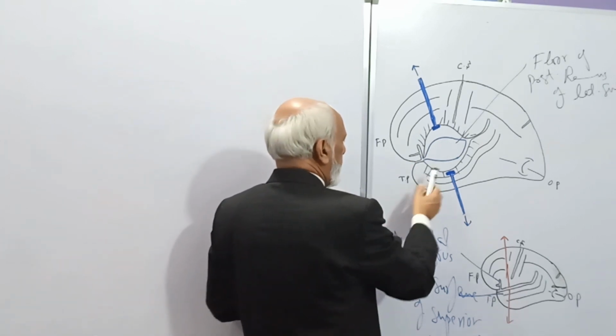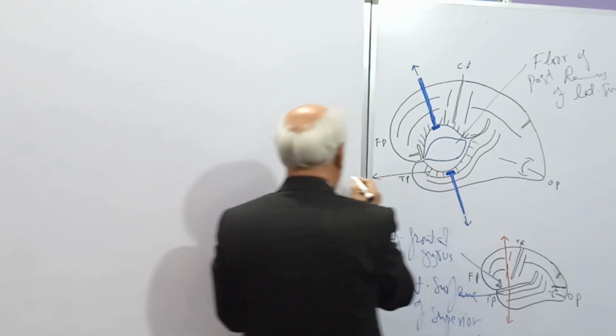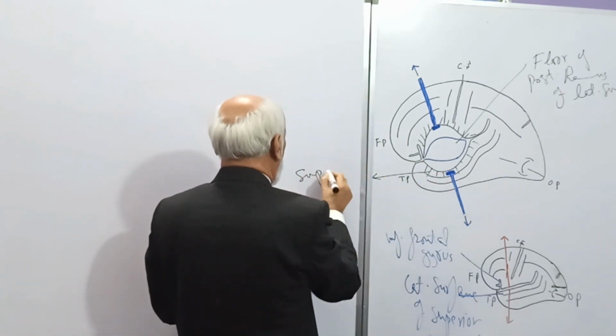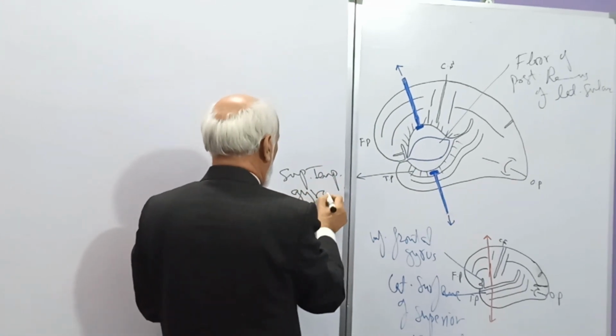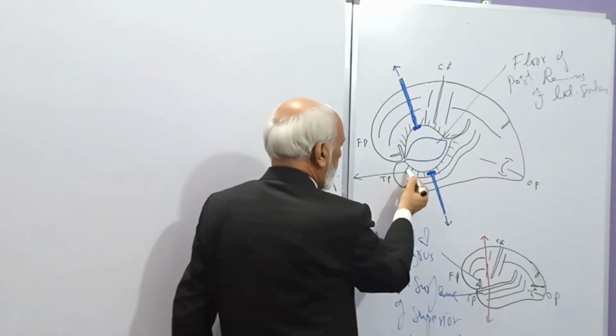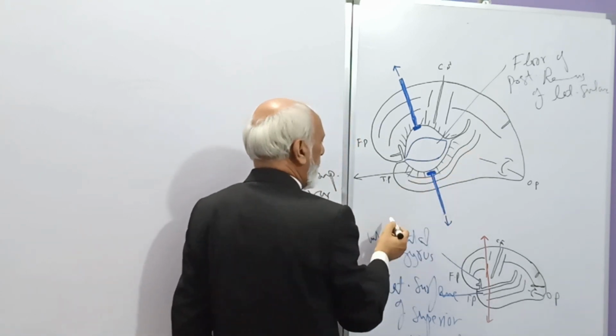Now what is this? Superior temporal gyrus. So can you see on the lateral surface, this is the lateral surface of the superior temporal gyrus.